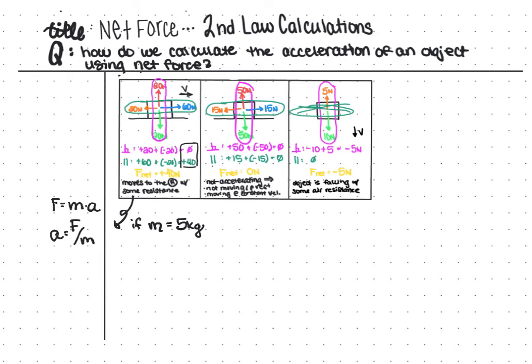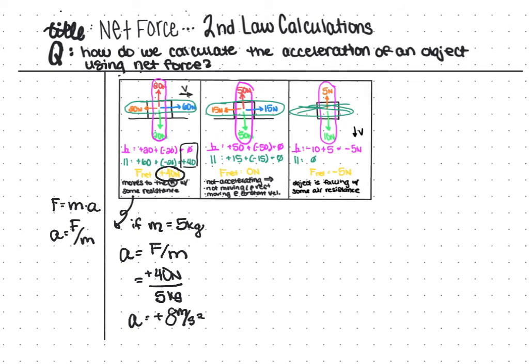In this case, our net force was 40 newtons, so we would have A equals F over m, which would be positive 40 newtons. Remember that positive tells me which direction, divided by 5 kilograms. So in this case, the acceleration would be positive 8 meters per second squared.